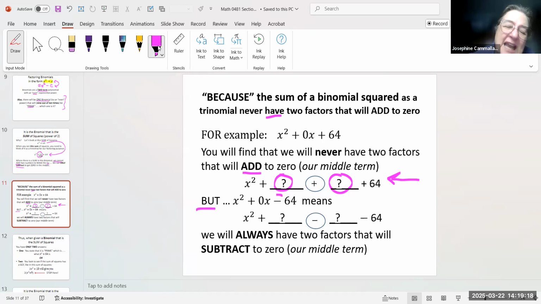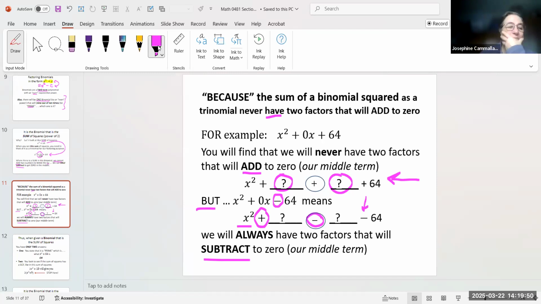Do you see I have a minus sign here? Well, if you remember our setup, it's x squared plus whatever number I put here minus this sign, and this sign can subtract to give me 0. It's got to subtract to give me 0.